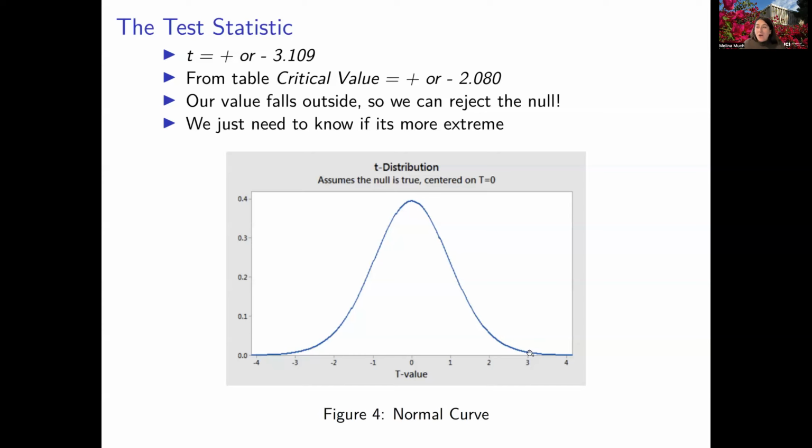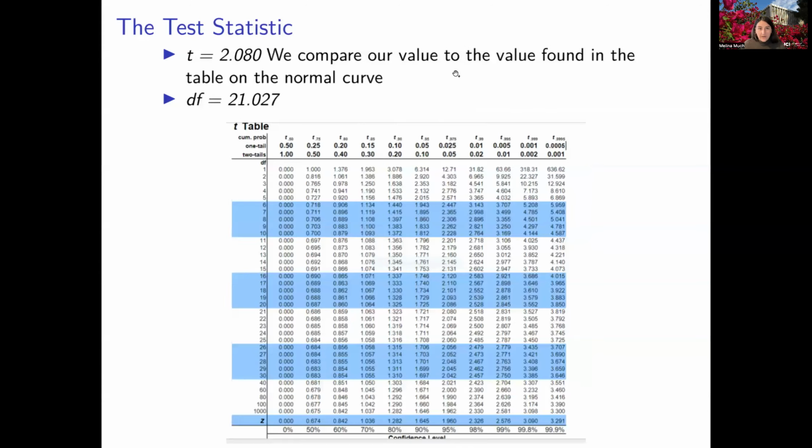And we need to see how far out in the tails we are with our test statistic and whether or not our value is more extreme than the critical value that we've set based on the degrees of freedom, right? Our degrees of freedom here, which was 21, and the statistical significance threshold that we met here, which is 0.05.